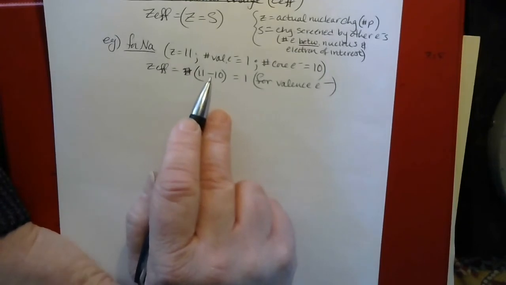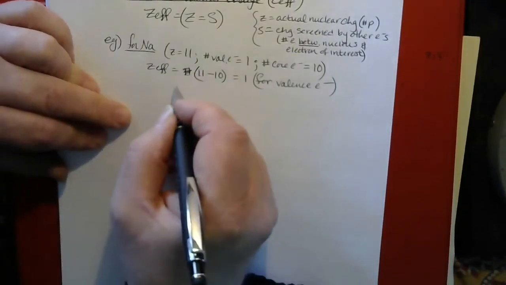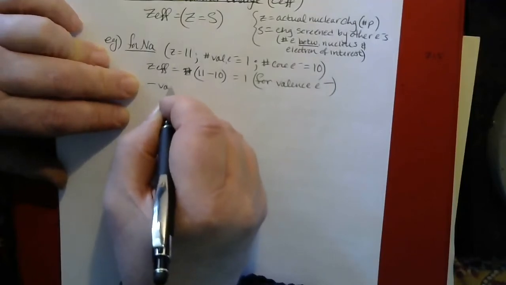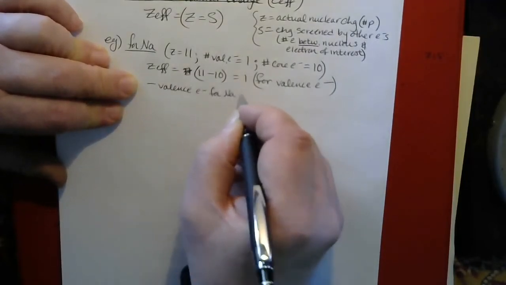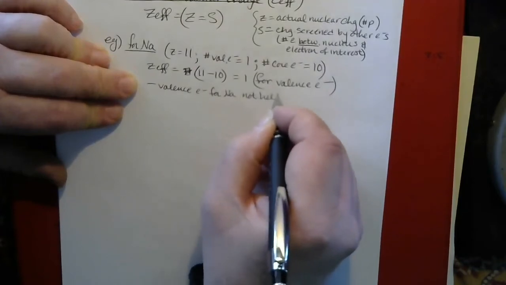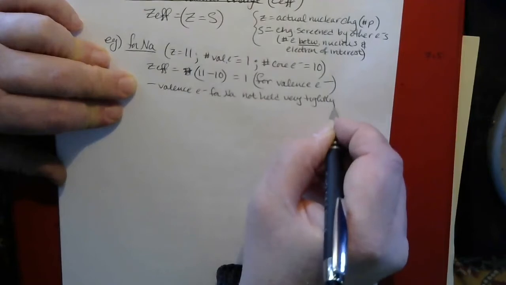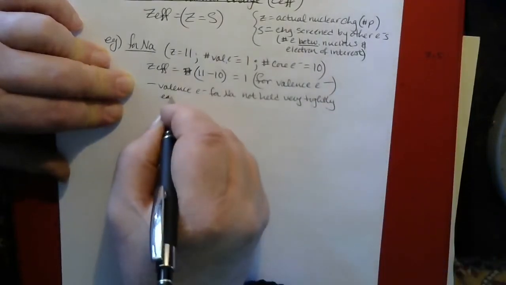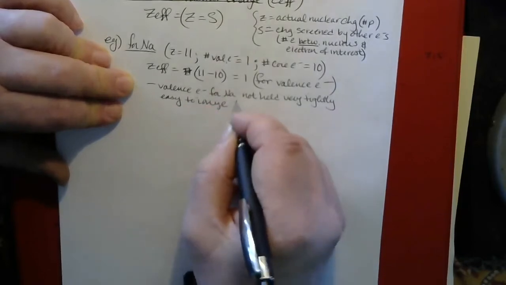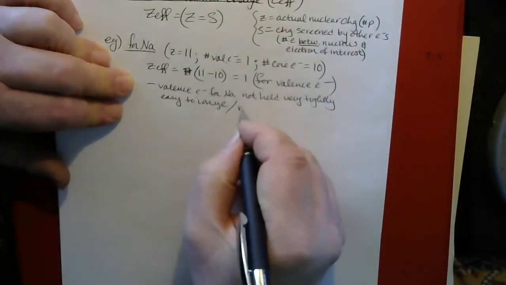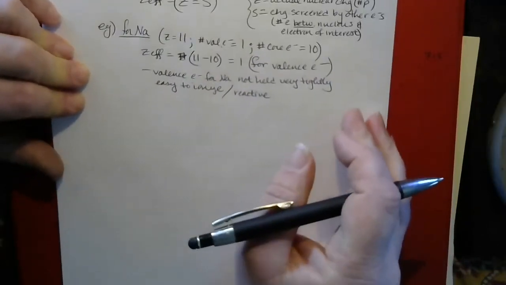And for this reason, the valence electron for sodium is not held very tightly. And sodium is easy to ionize. Or in other words, it's very reactive.